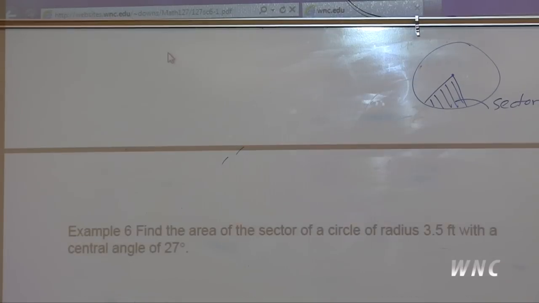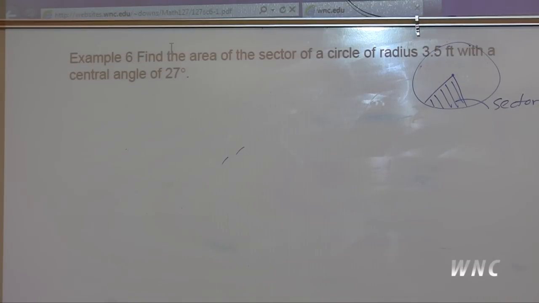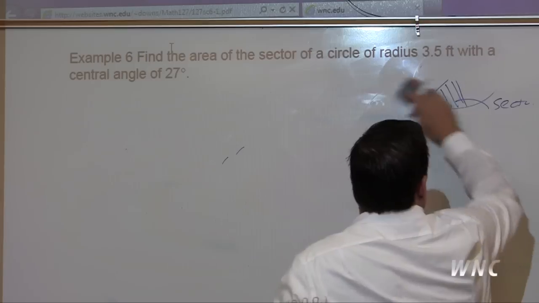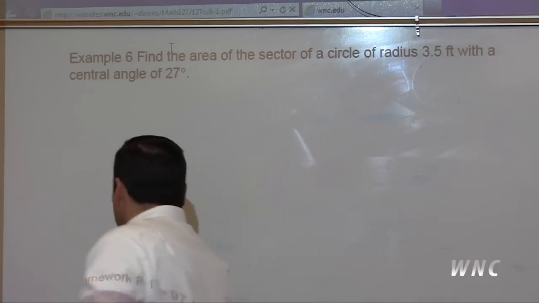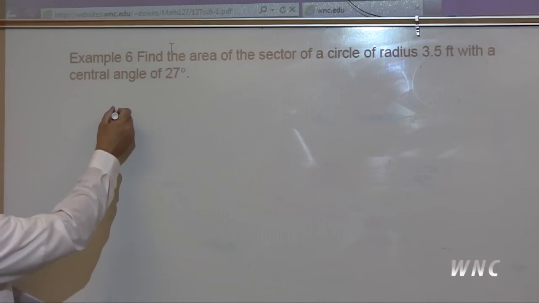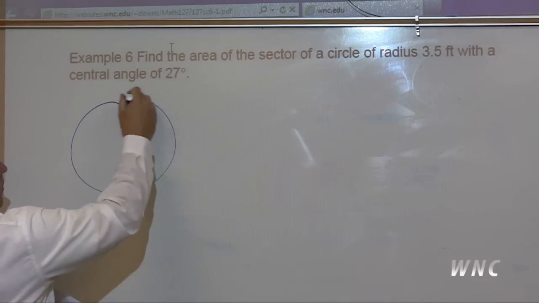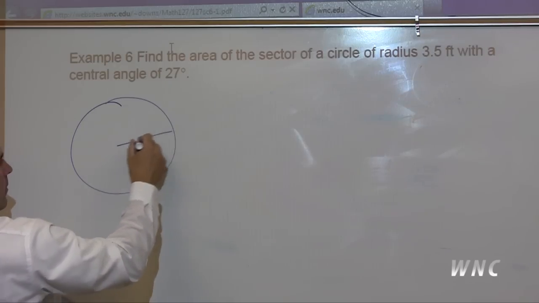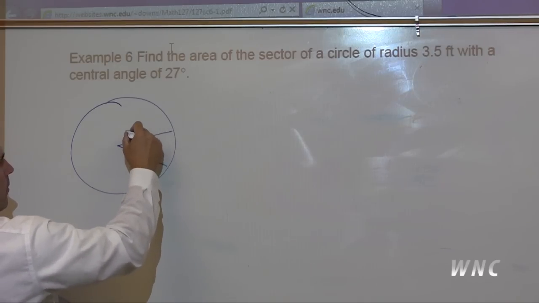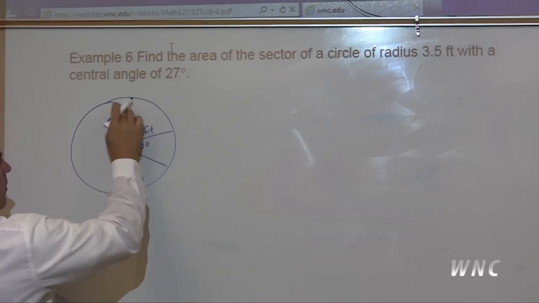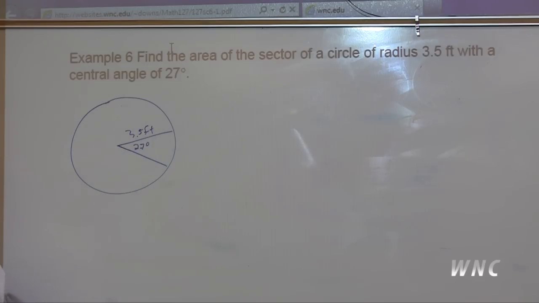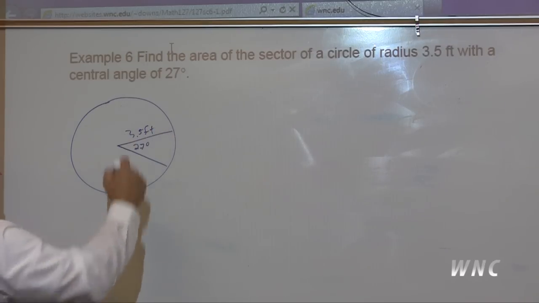So our last example for this section. Find the area of a sector of a circle of radius 3.5 feet with a central angle of 27 degrees. So what is the area of this part going to be?